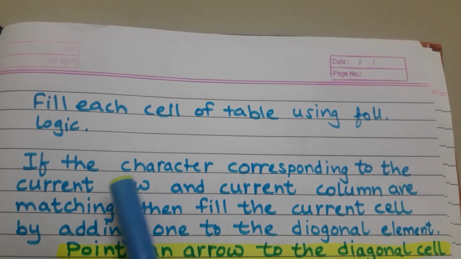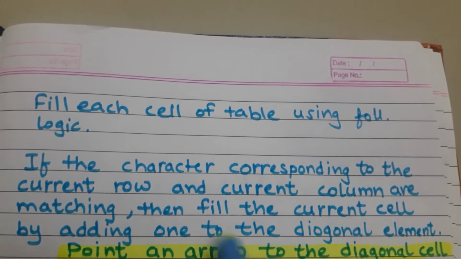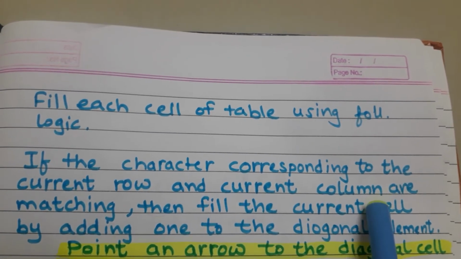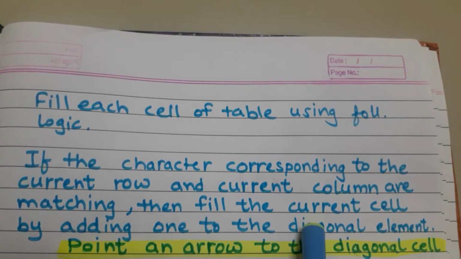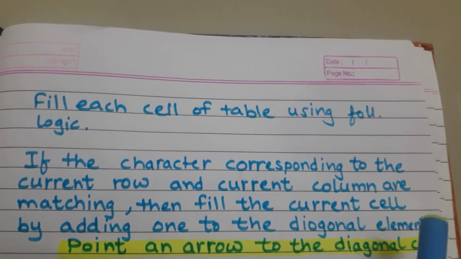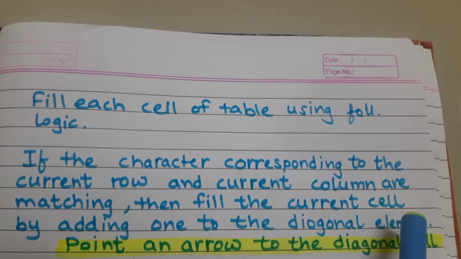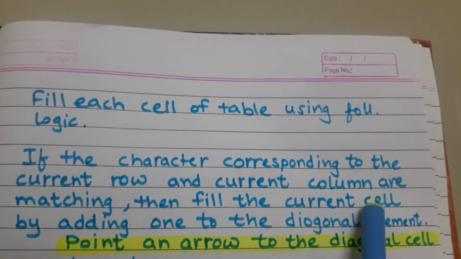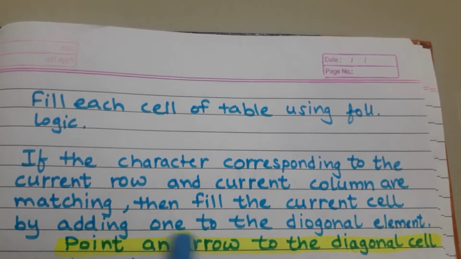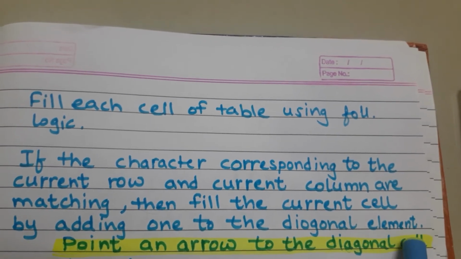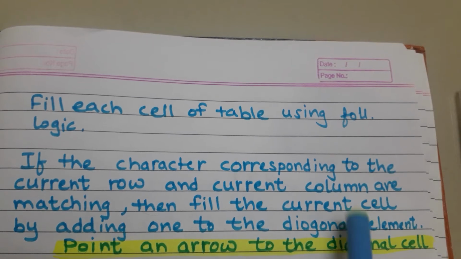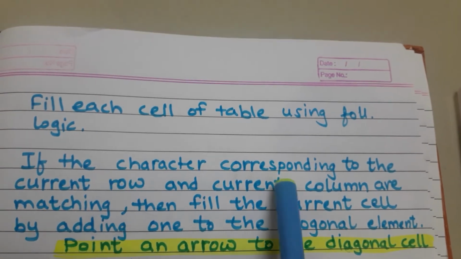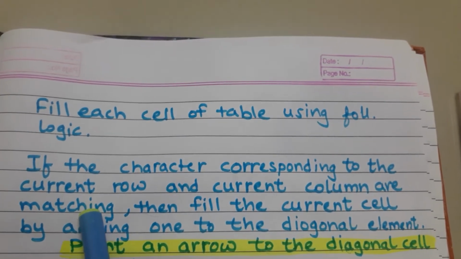If our current row and current column are matching, fill the current cell by adding 1 to the diagonal element. And when we fill the current cell, after that we have to point an arrow to the diagonal cell. This is for when the current row and current column are matching.